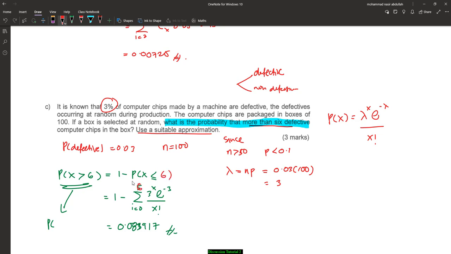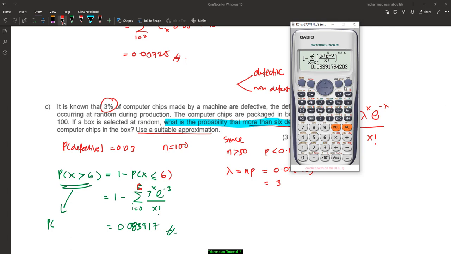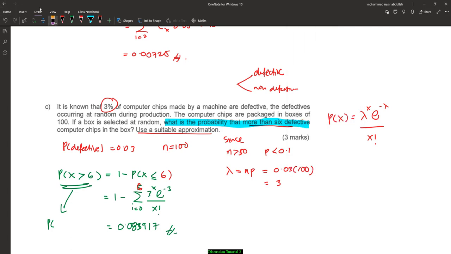So we change it a bit, so it should be until 6. Now it is correct, because more than 6 does not include 6. It should start from probability of x more than or equal to 7, right? So if we reverse it, 1 minus probability of x less than or equal to 6, and this way is correct.